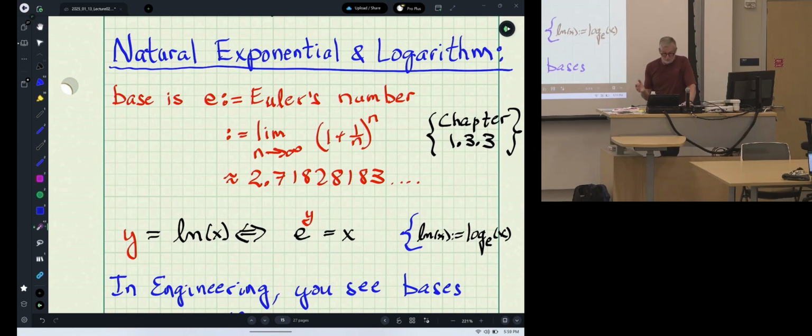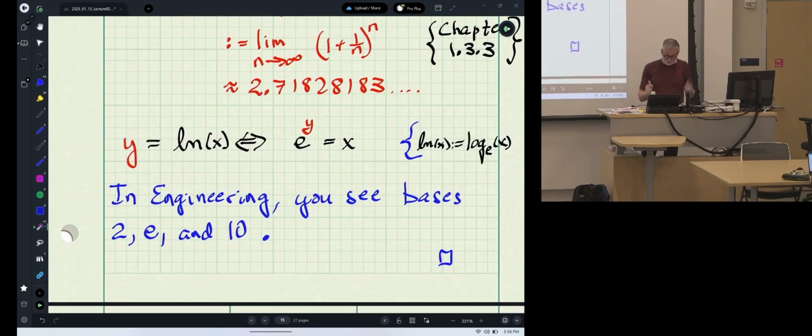In mathematics, we write it as ln of x. In Julia, it's just log. You don't have to say log e. If you want log base 2, you say log 2 of x in Julia. If you want log base 10, you say log 10 of x.